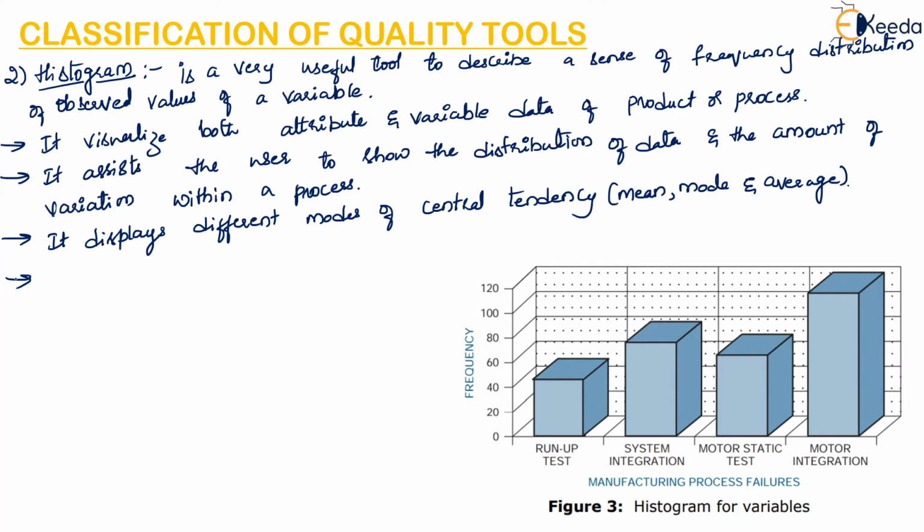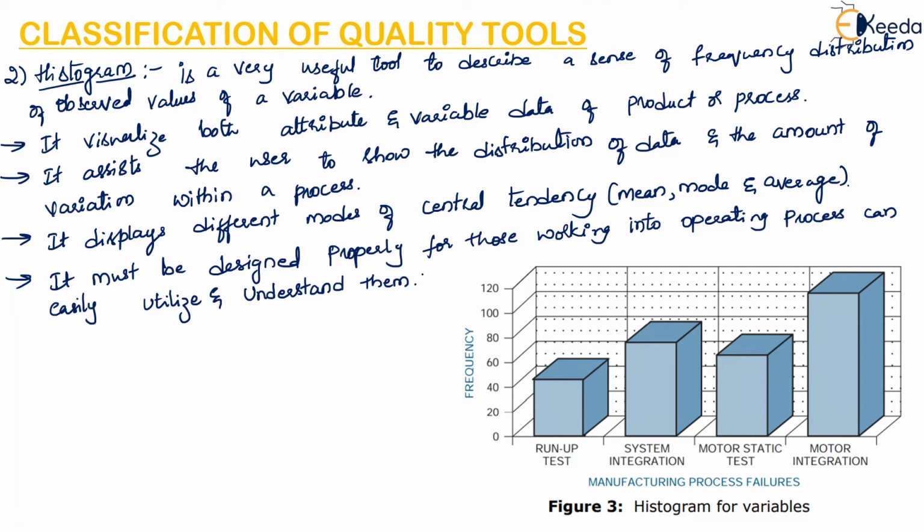So this histogram must be designed properly so that those working in the operation process can easily utilize and understand them. This histogram can also be applied to investigate and identify the underlying distributions of variables which are being explored.